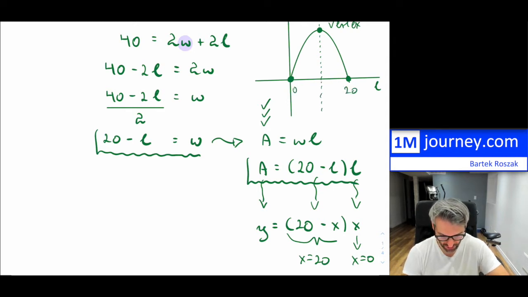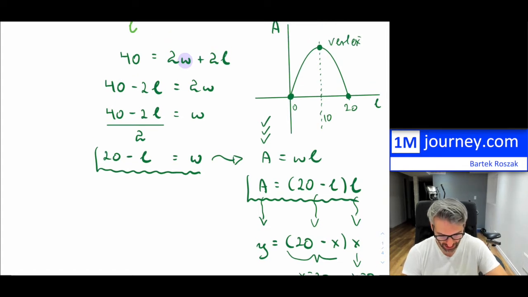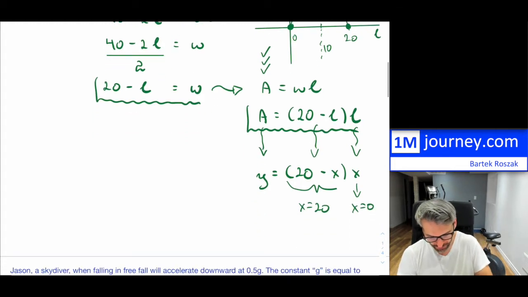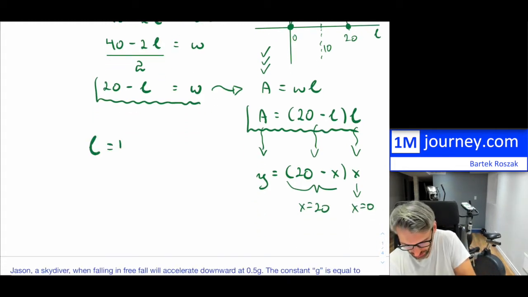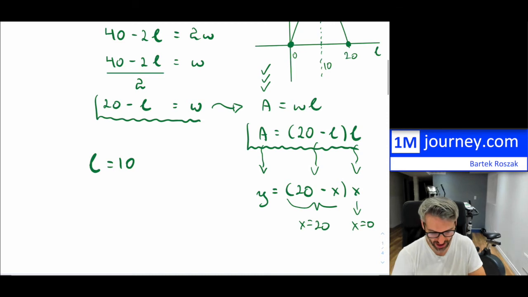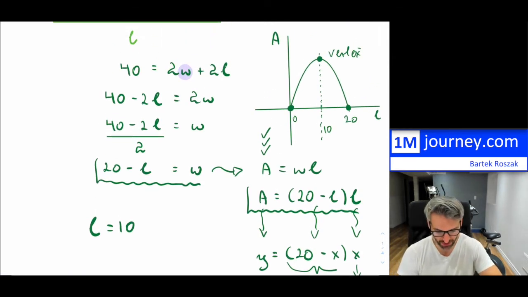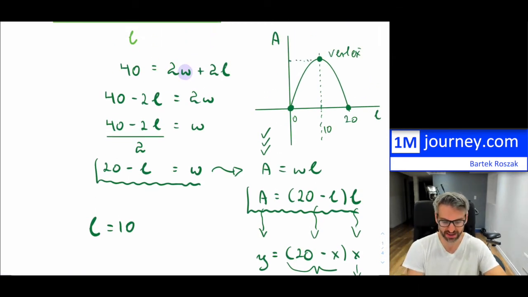So this is going to be just 10. So this point happens at a length equal to 10. So my L is equal to 10 maximizes my area, which is the peak. That is the biggest area that I can have for my perimeter.